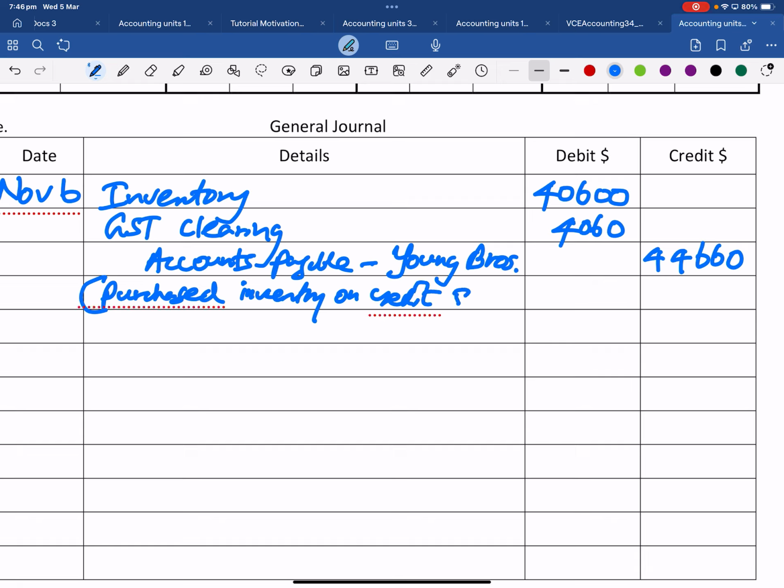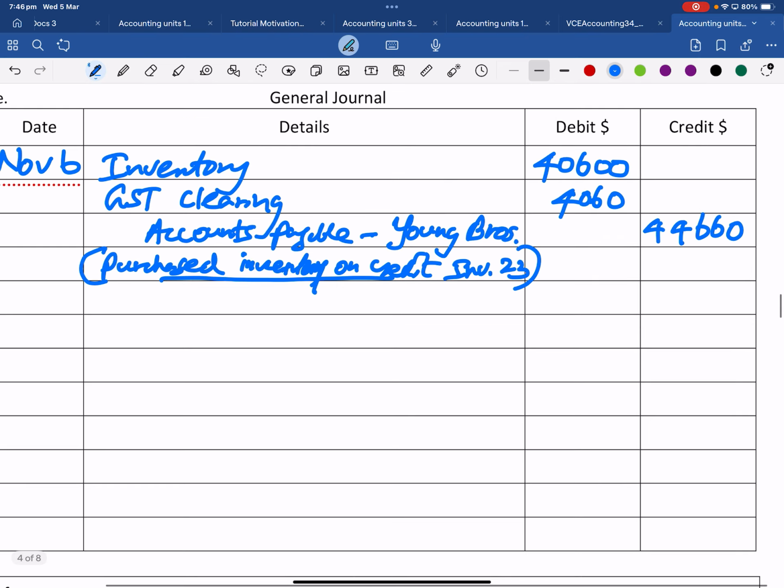Invoice, source document reference 23. Right. Okay, then do we have anything else? Insurance. Very good. What's the double entry, Setu?